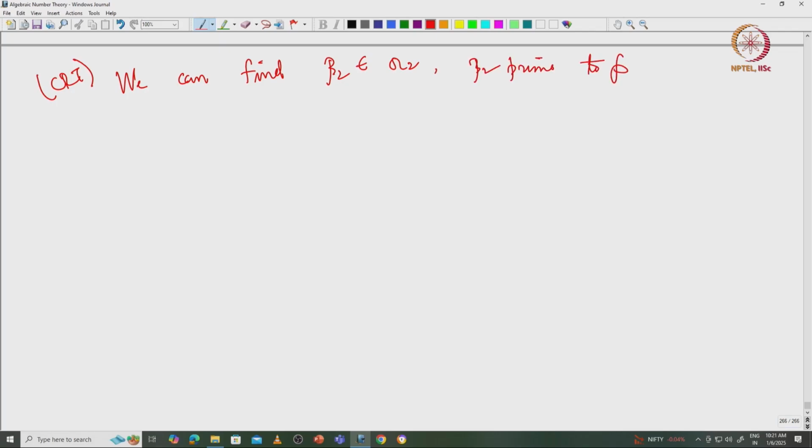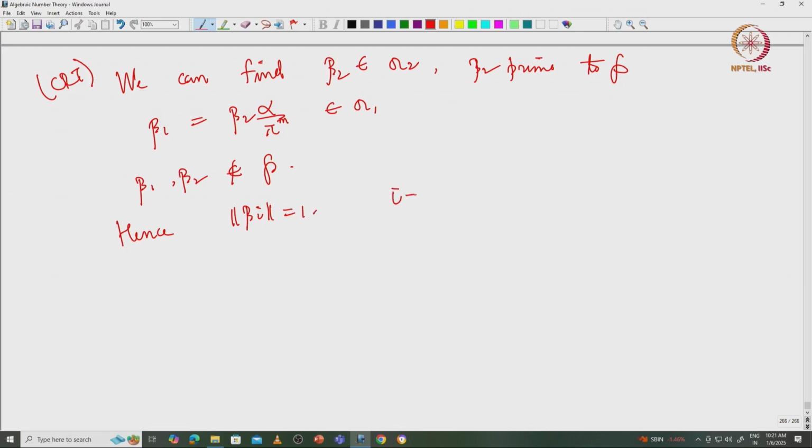So we can always do that, and then beta 1 I can write as beta 2 alpha by pi to the m, right. This is in A1, right. And now I know that beta 1 and beta 2, neither of them are in P.